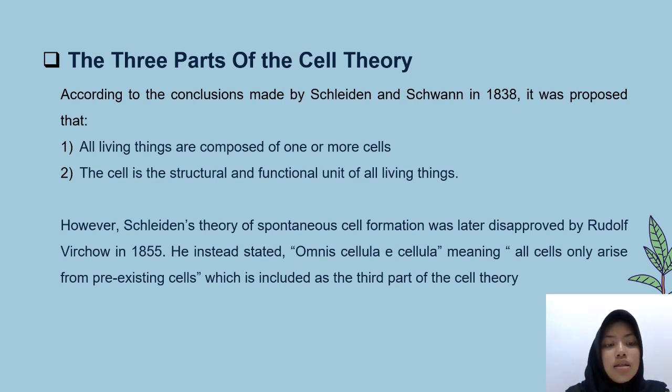However, Schleiden's theory of spontaneous cell formation was later disproved by Rudolf Virchow in 1855. He instead said omnis cellula e cellula, meaning all cells only arise from pre-existing cells, which is included as the third part of the cell theory.